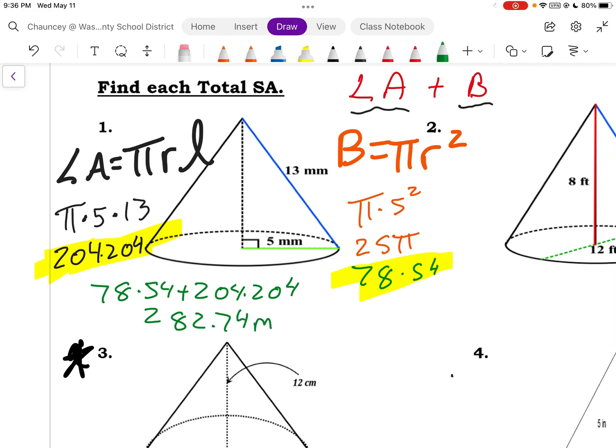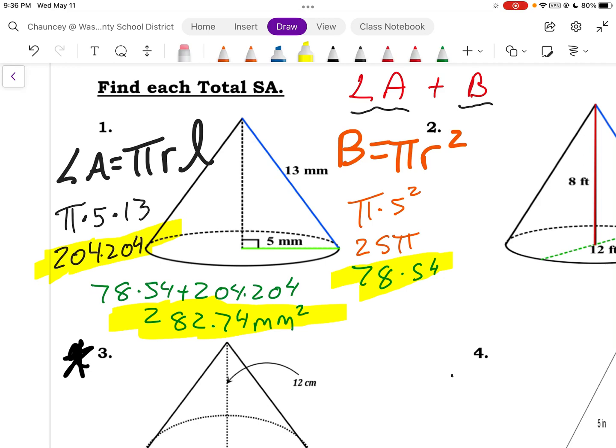And we're talking in millimeters. And again, we're talking area, so it's squared. With volume, we were talking cubed, but in area, we're talking squared. So we got 282.74 millimeters squared.